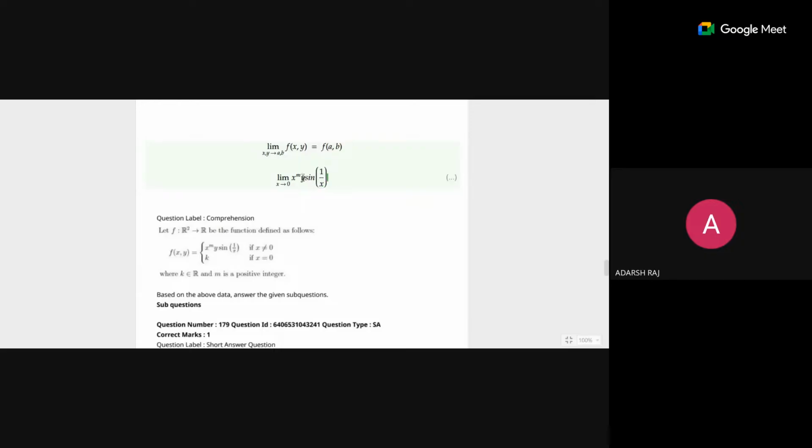So what will be the limit here? 0. Yes, the limit will be 0. So how will the limit be 0?